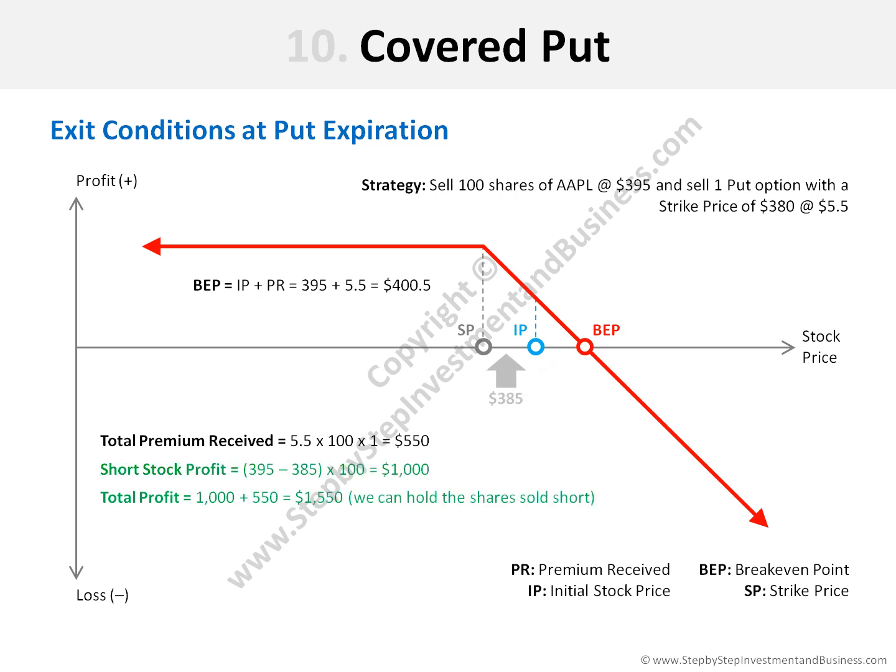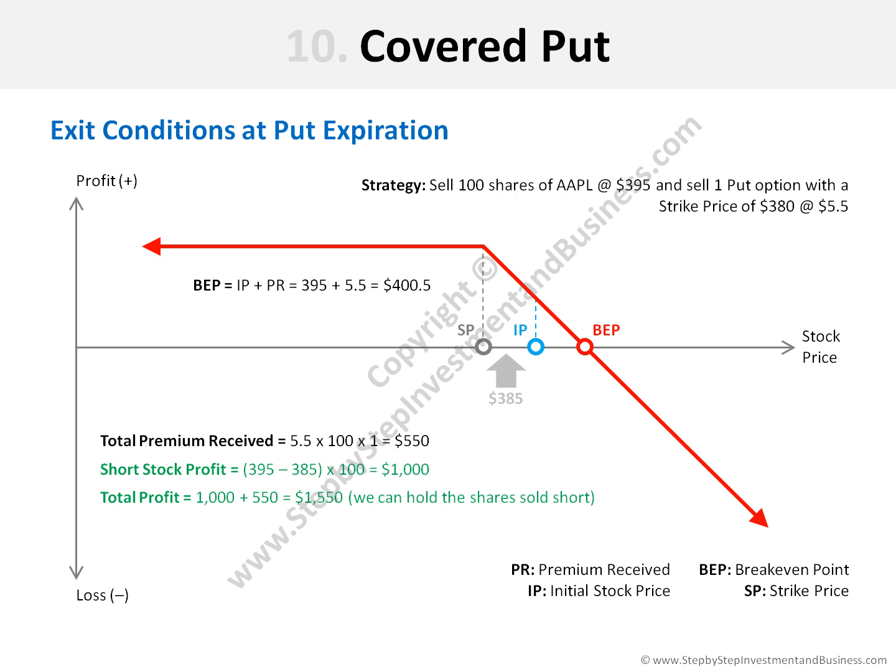On the other hand, if at put expiration the stock price is between the strike price of the option and the initial price, for example $385, in that case, we will have the following. The premium received is always $550.